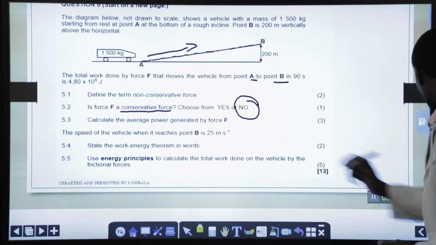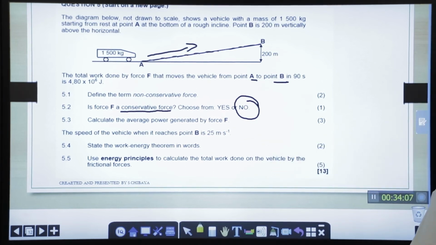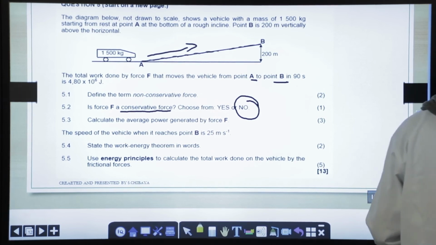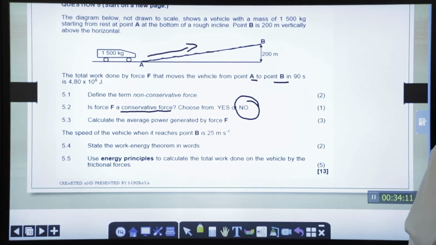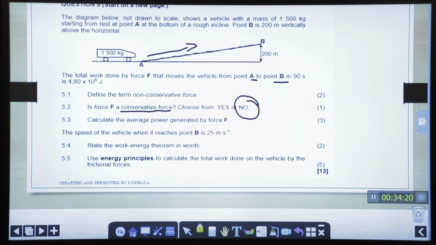right? Average power, by saying the P average is equal to the force times average velocity. Okay?